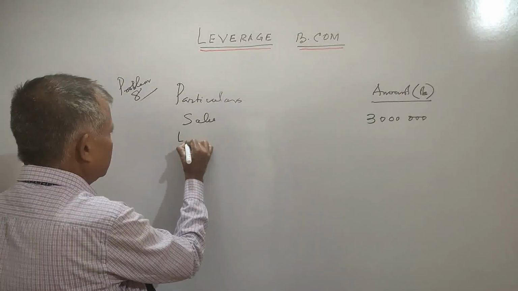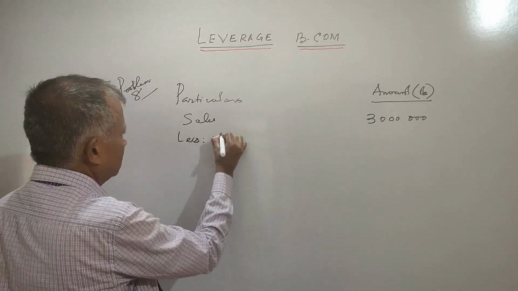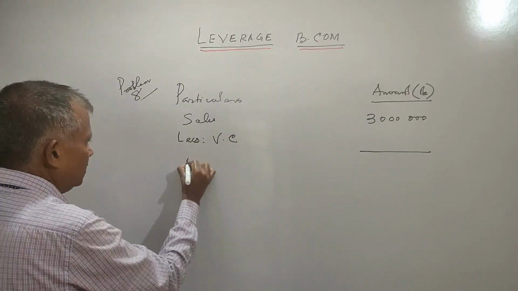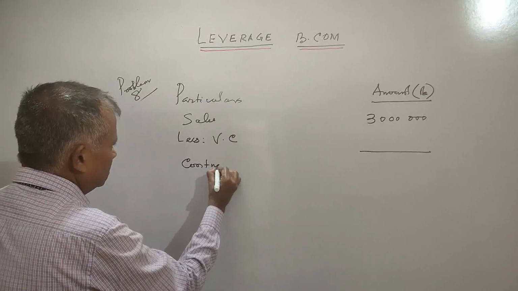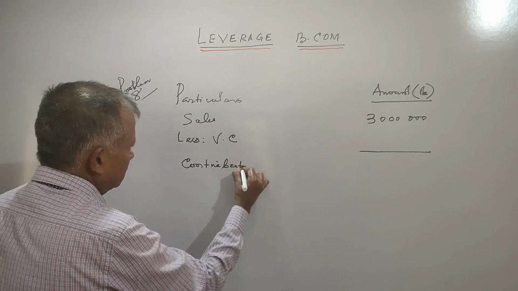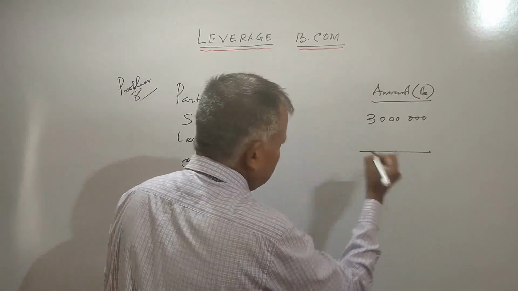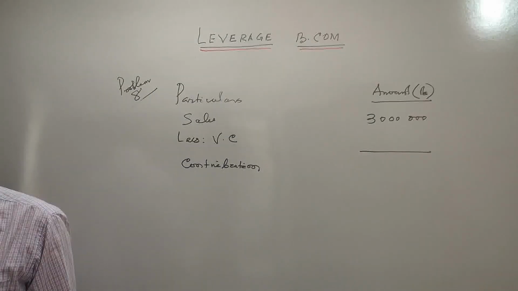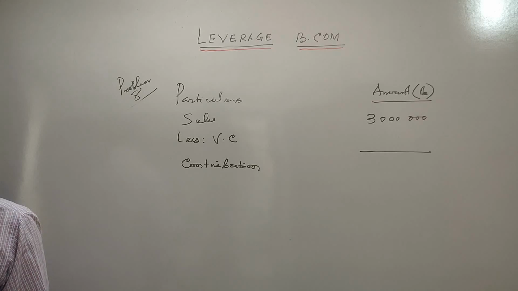Variable cost is not given. Variable cost, let us keep it here. Contribution also we do not know, but we know the fixed cost and your interest.